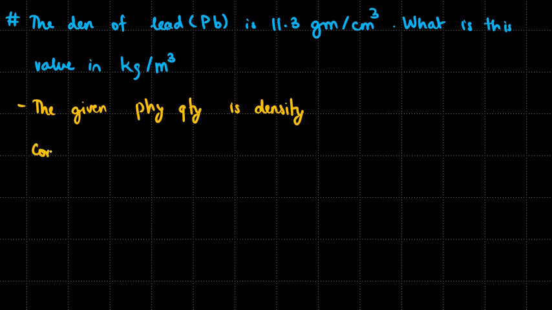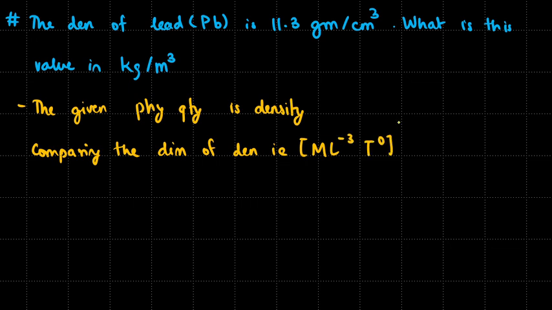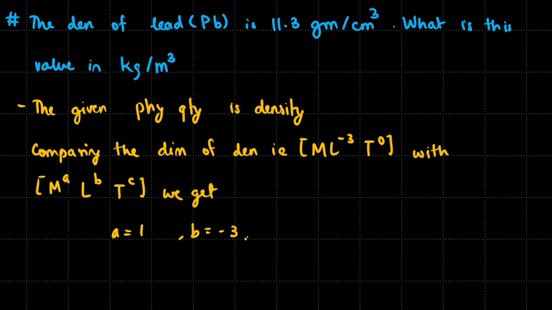So comparing the dimension of density, i.e. M L to the minus 3 T to the power 0, with M to the power a, L to the power b, T to the power c, we get a is 1, b is minus 3, and c is 0.